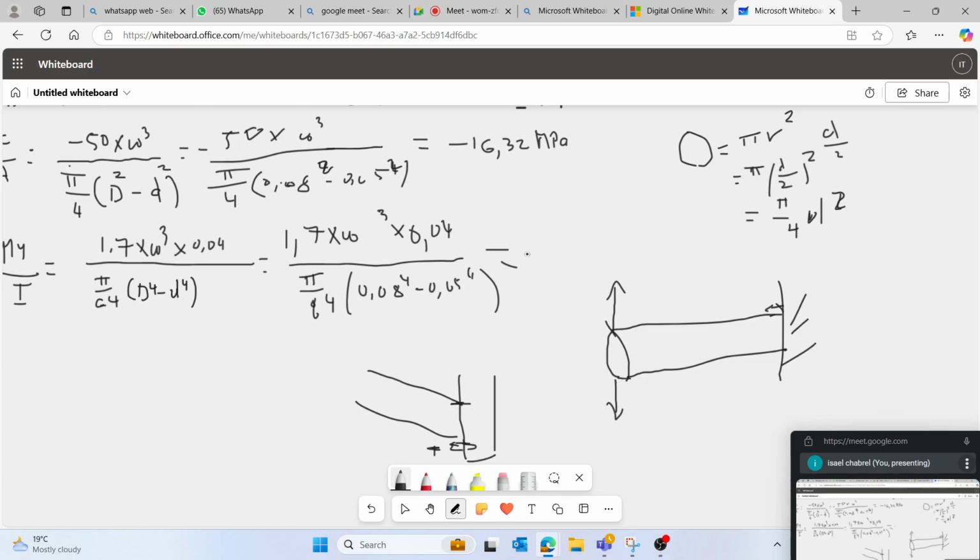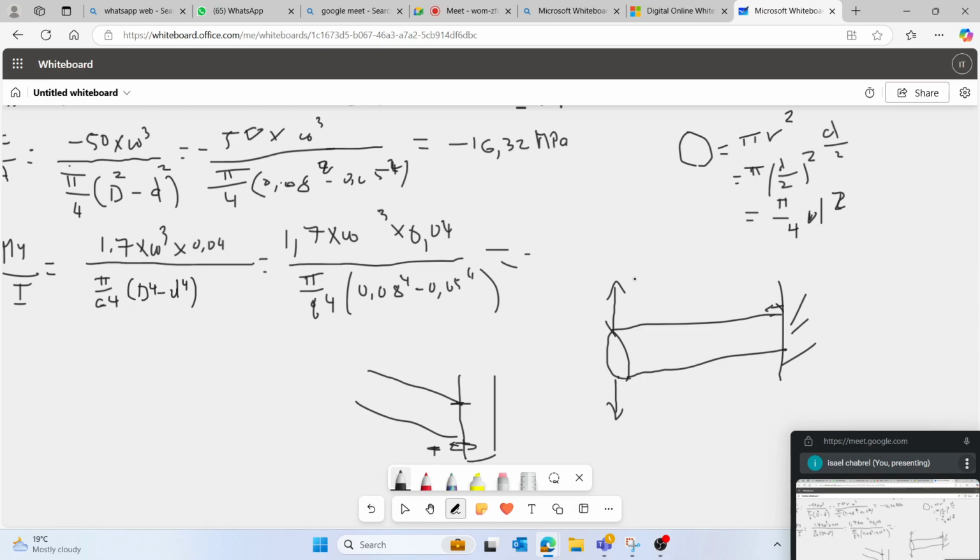So we will have one answer, but with two different signs. What's the answer here if you calculate? That's one of the reasons in your textbook they say it is compressive at the top or compressive at the bottom.